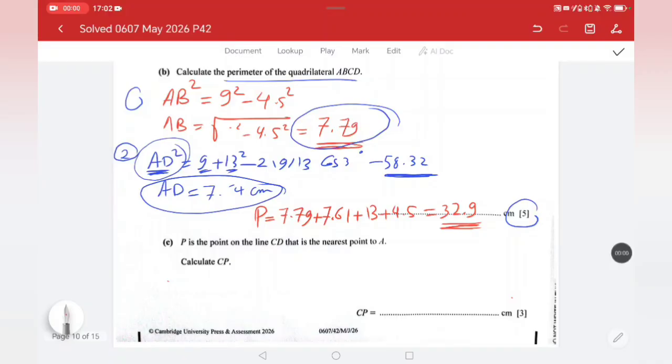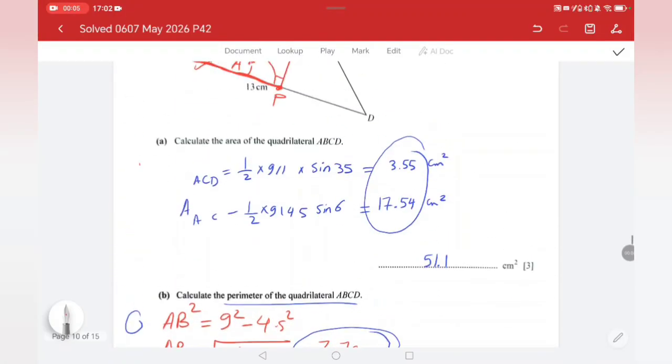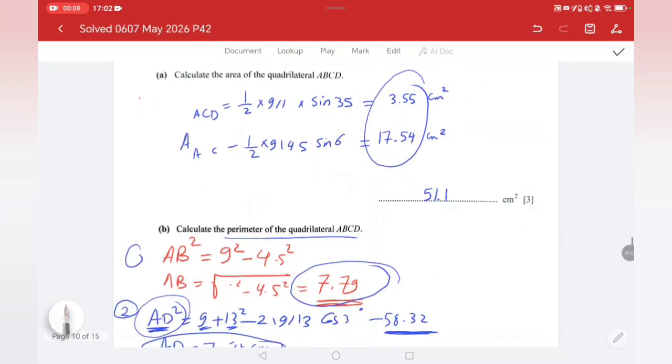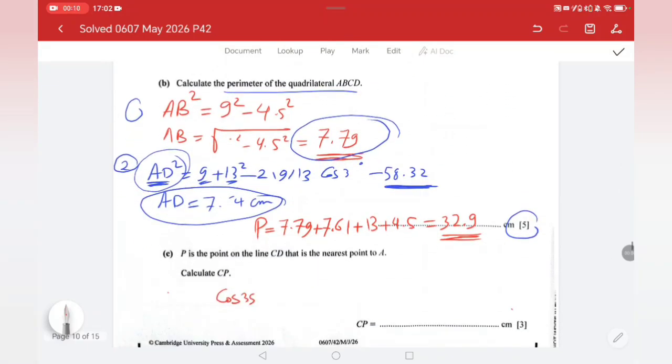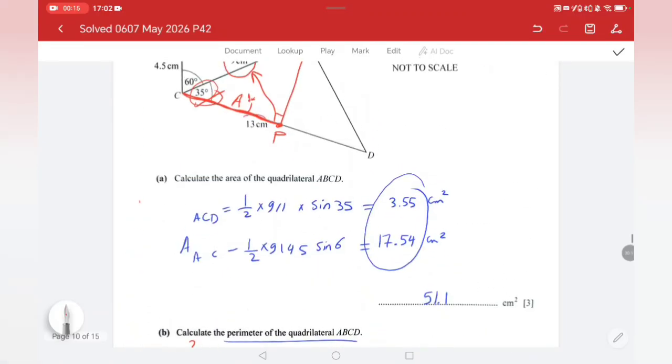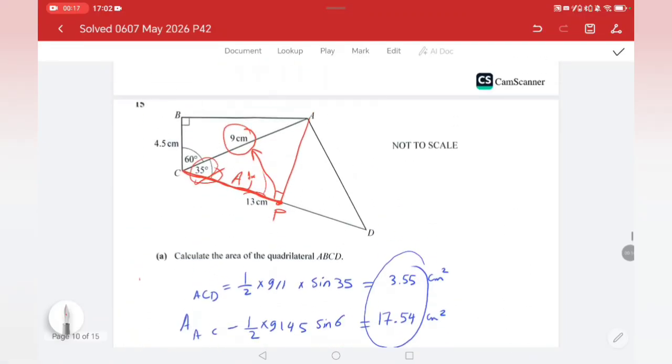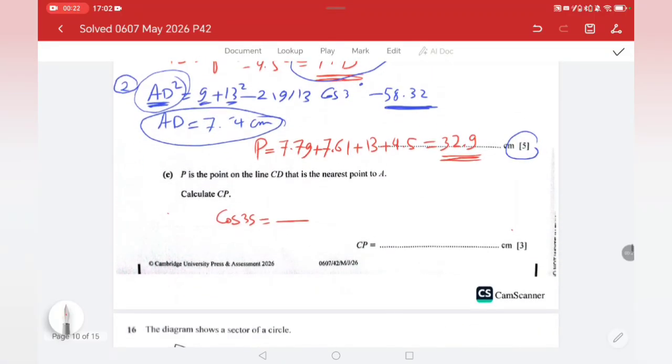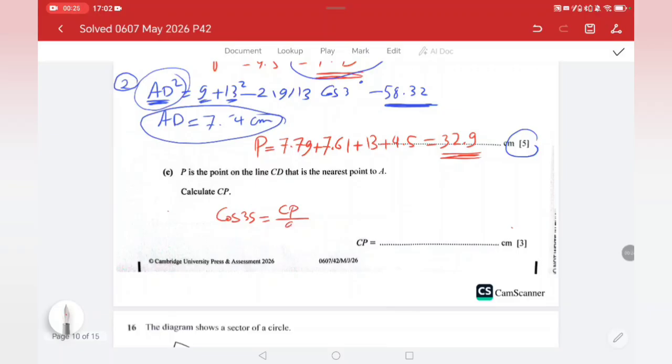So we will say cosine of the angle 35 equals the adjacent, which is this, we need to find CP, divided by the hypotenuse, which is 9. If you cross multiply, CP equals 9 cosine 35.